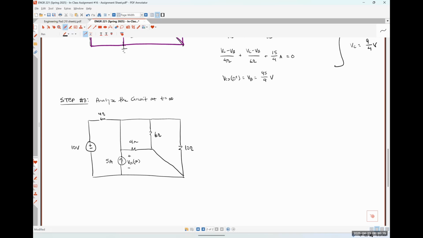So Matthew has noticed, for what it's worth, that the 4-ohm resistor, the 6-ohm resistor, and the 12-ohm resistor are all connected in parallel. Let me identify our nodes here really quickly so that I can make sure everybody else is catching that observation. Oops, those guys there should not have been red.